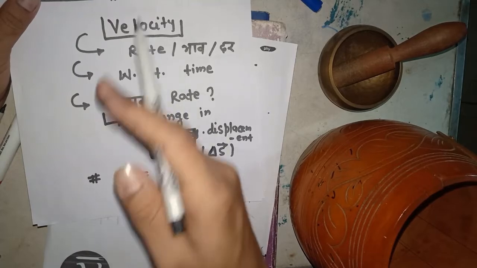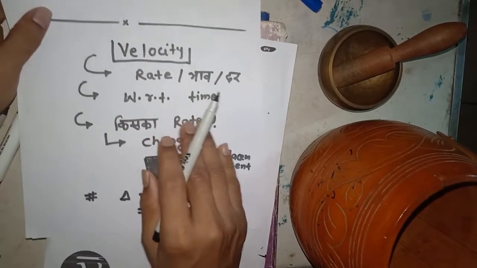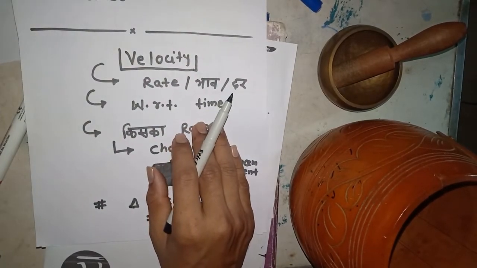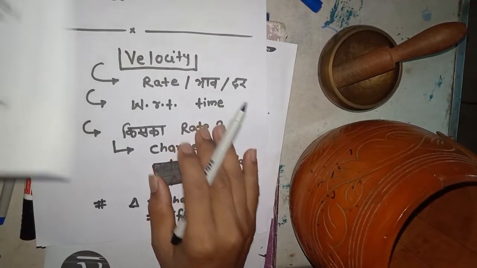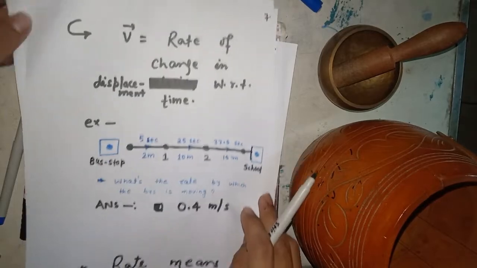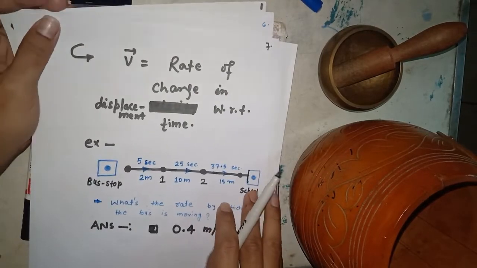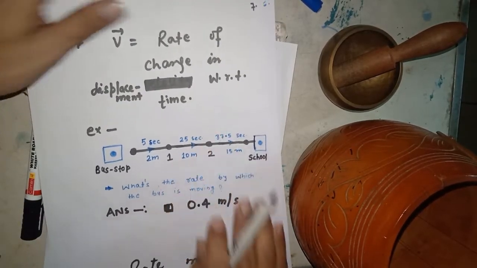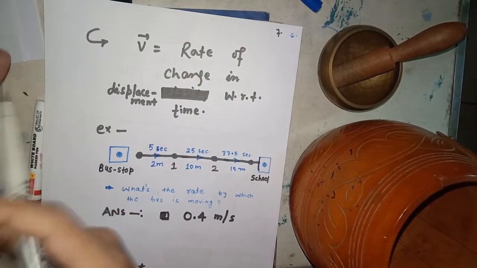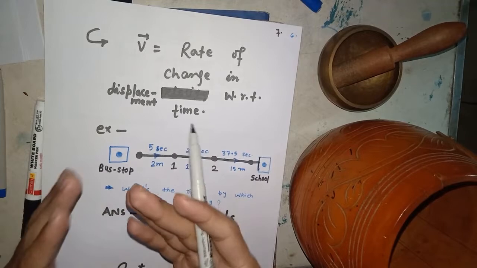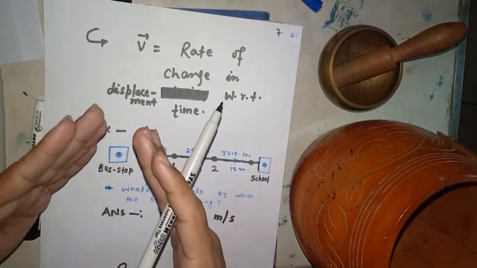So what is the definition of this special term in physics, velocity? Velocity means rate of change in displacement with respect to time. You have to define what kind of rate it is. It is a rate which is based on time.